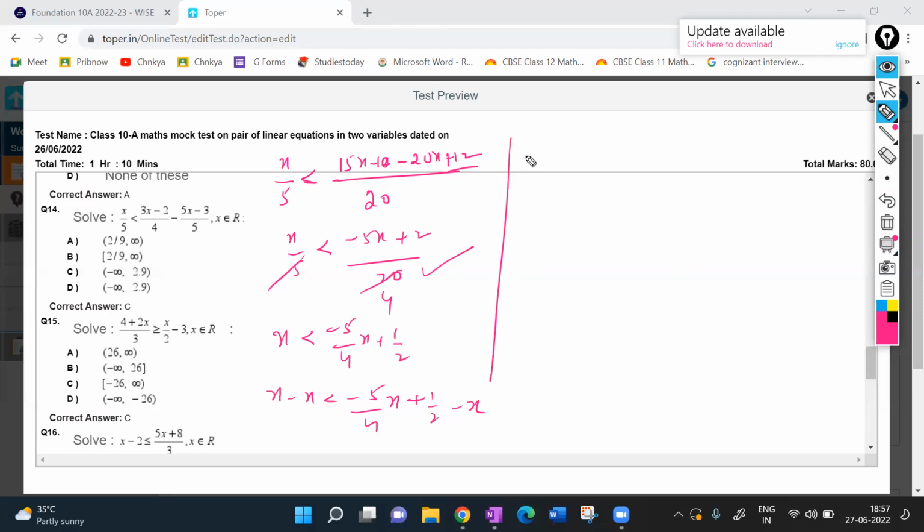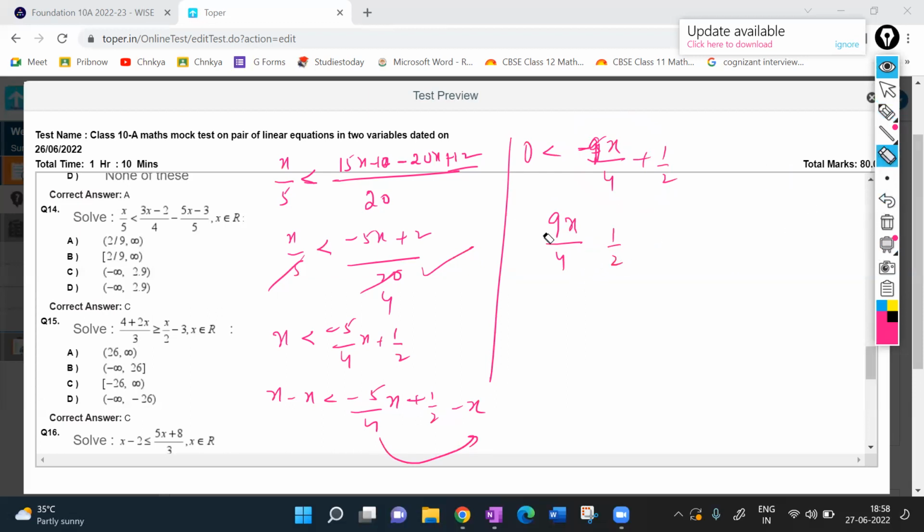So here it becomes left side 0 less than minus 5x by 4. Add these two, what are you going to get now? Minus 9x by 4 plus 1 by 2, correct? So shifting all this to the left hand side, plus 9x by 4 minus 1 by 2. Am I correct?